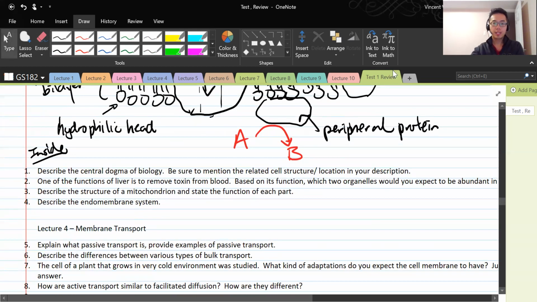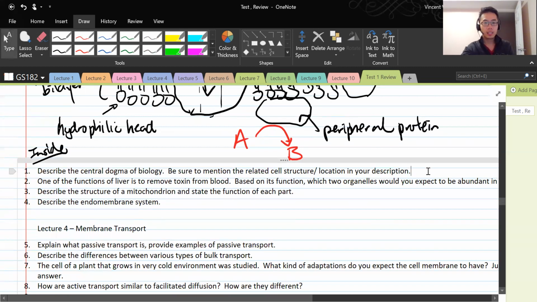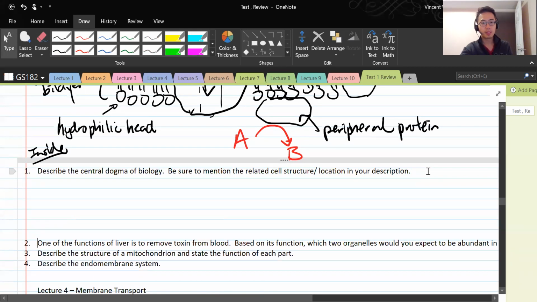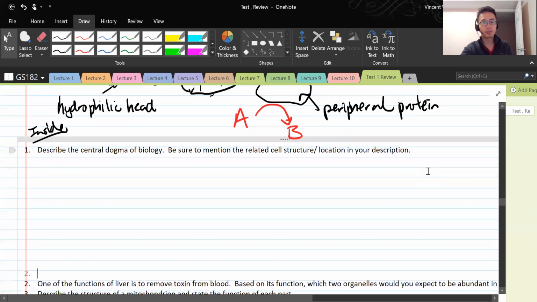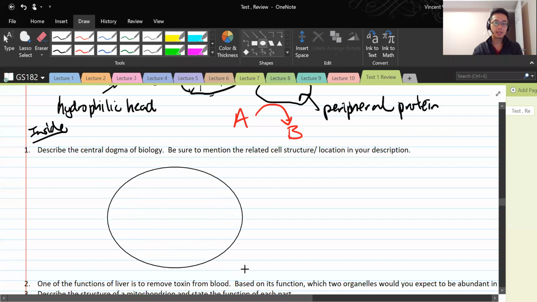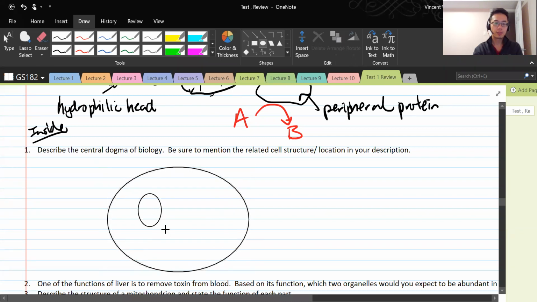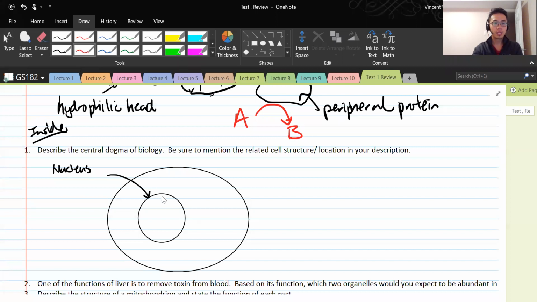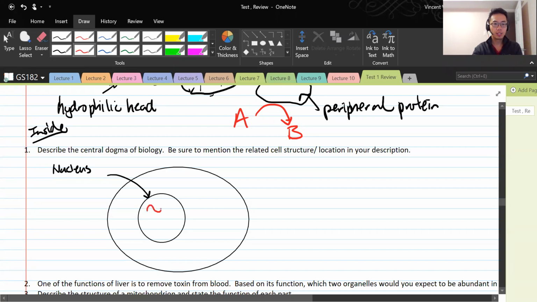Describe the central dogma of biology. Be sure to mention the related structures and locations in your description. Basically, it's not too difficult. This is the nucleus, and in the nucleus you will find your precious DNA.